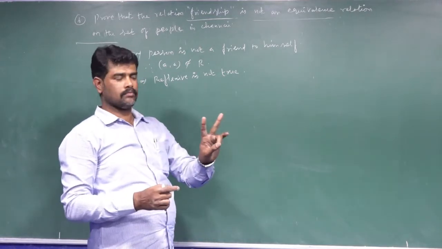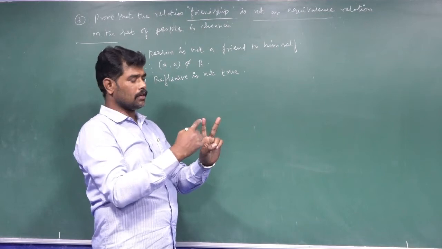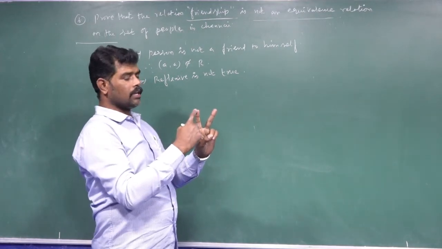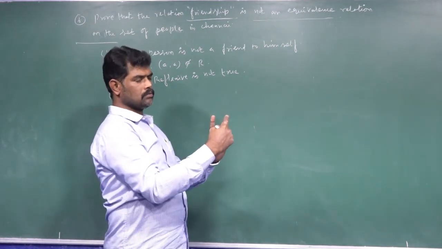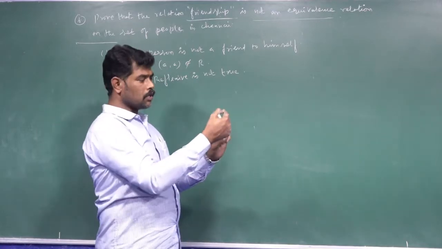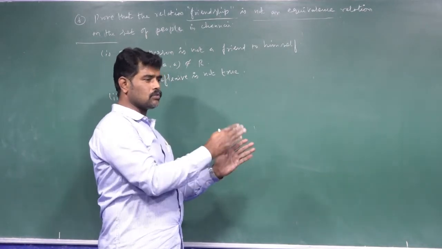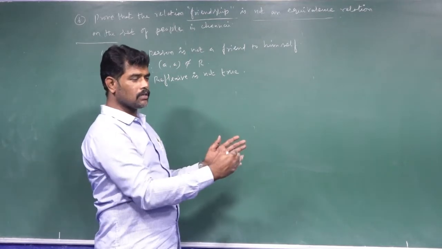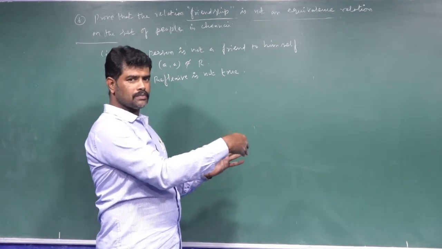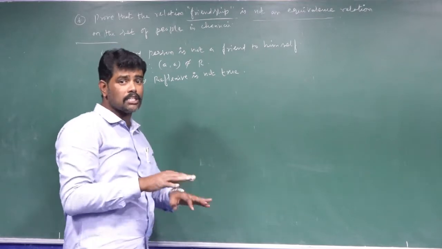Then the second case, two persons are there. This is A, this is B. Now we can say A is friend to B. In the reverse case, is B friend to A or not? If one person is friend to another person, in the reverse part, the same person is friend to the first person. That's true only. So symmetric is true here.